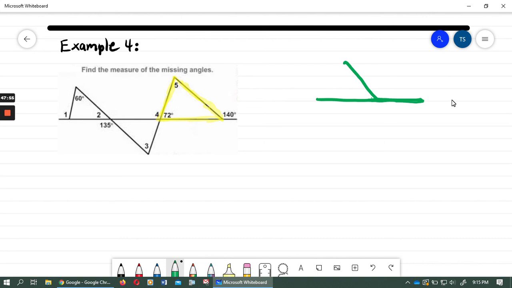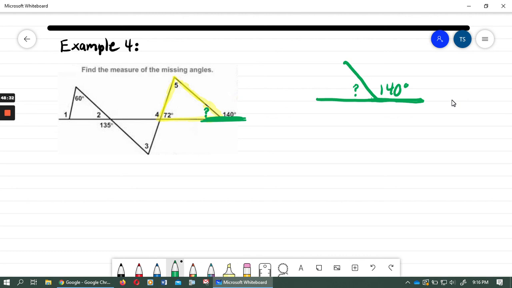So when you're looking at this angle there that says 140 degrees, and this angle that's right beside it, you should recognize what type of angle pair that is between these two angles that are coming together to form this straight line.